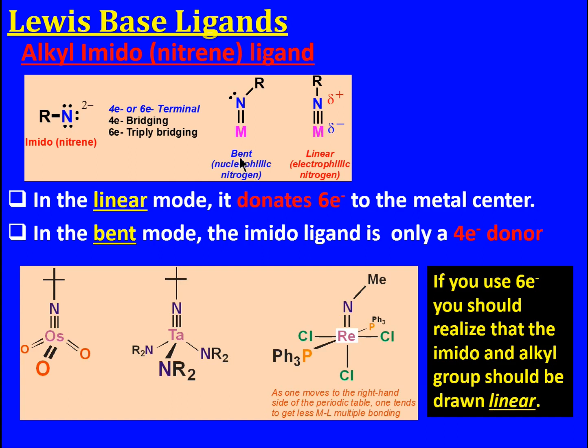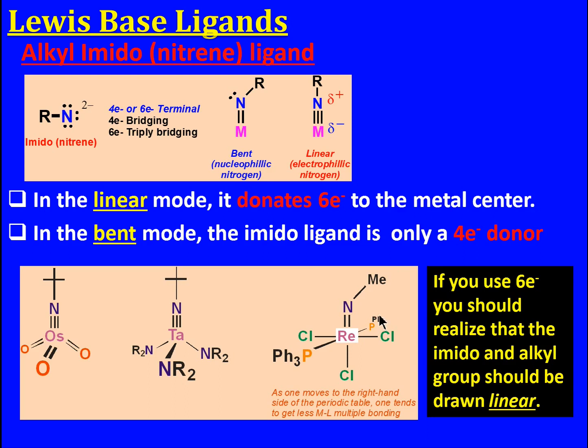In the bent form, M, N, R, imido is a 4-electron donor, and in the linear form, M, N, R, the imido or nitrene ligand is a 6-electron donor. These are examples of metal nitrene complexes in the linear form or in the bent form.